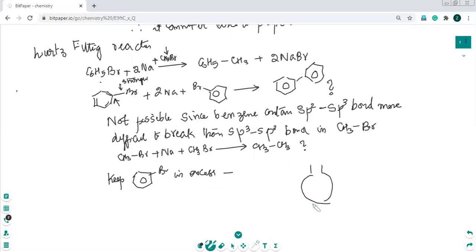You put sodium metal and a solvent, maybe ether, and into that you add the complete amount of C6H5Br. Now, using a small funnel, add the alkyl halide, CH3Br, dropwise.